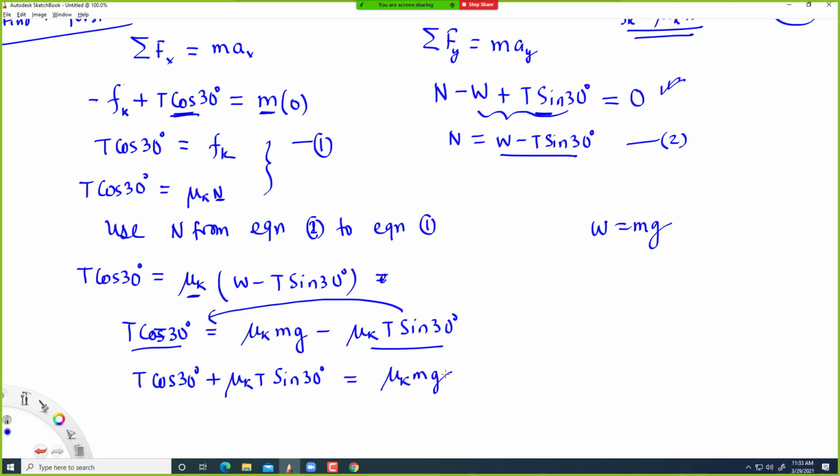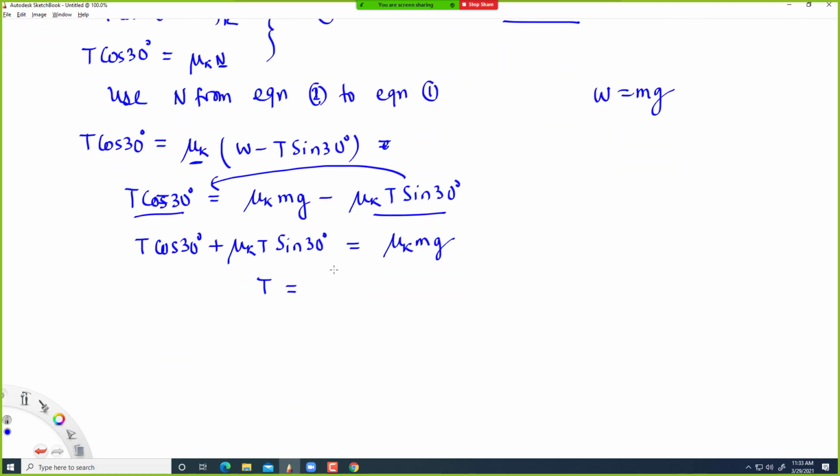Now you guys should be able to give me the expression for T. So tell me what will be the expression for T. You get T outside the parentheses, cosine 30 degrees plus mu k sine 30 degrees, which you bring to the bottom.